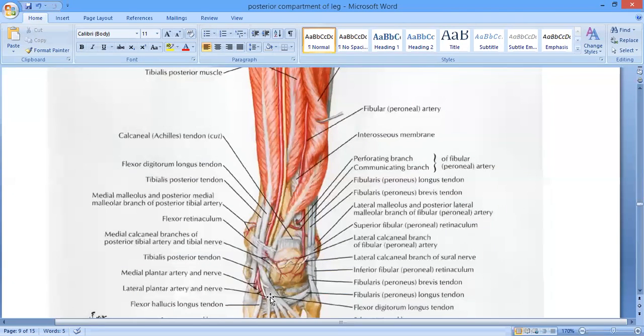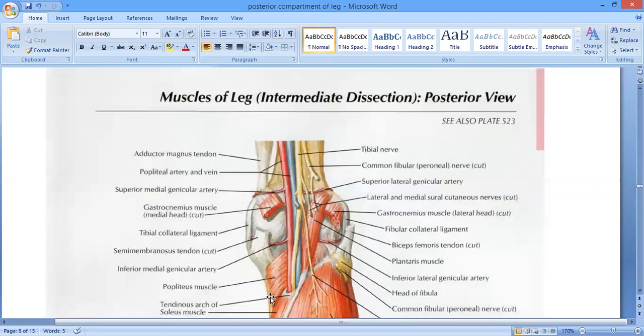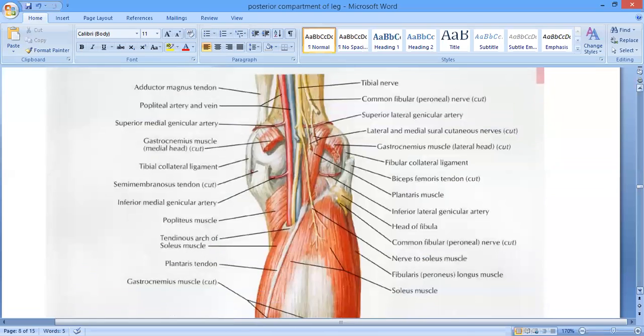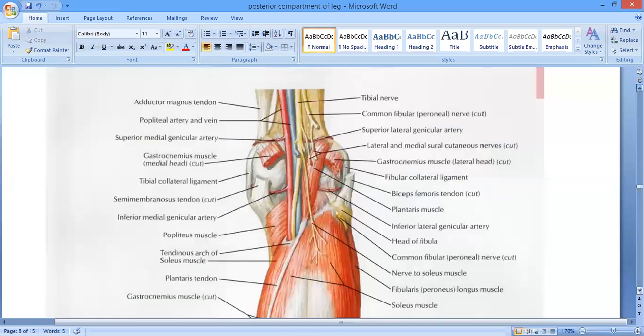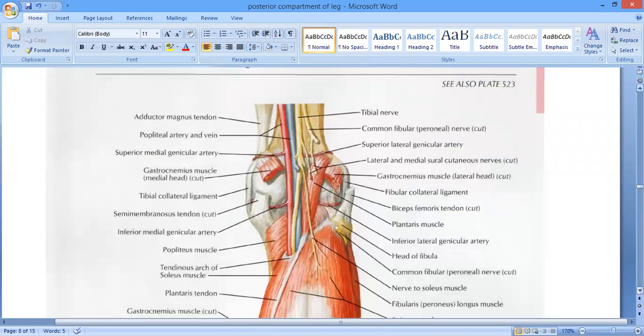Now we'll talk about the tibial nerve. Okay, ji, the tibial nerve is a branch of the sciatic nerve, right, given at the lower 1/3 of the thigh at the superior angle of the popliteal fossa.